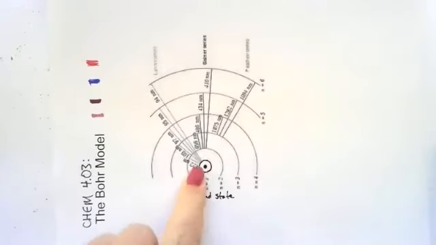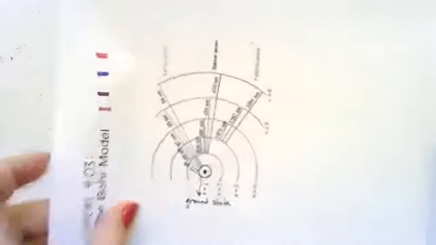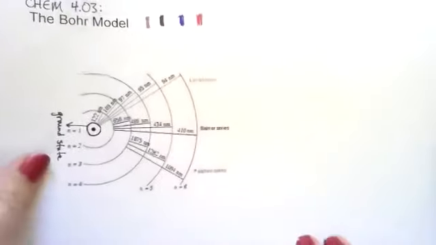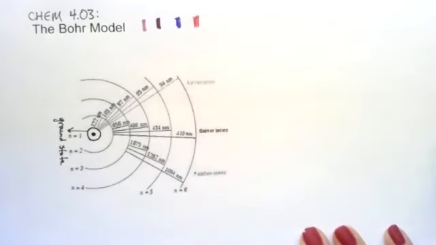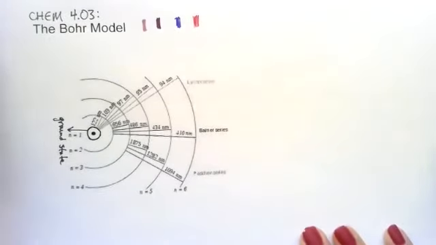If you look at these levels, this is like our atomic ladder in the last video. Now I'm going to flip the page the other direction and tape it down so it doesn't move on me.